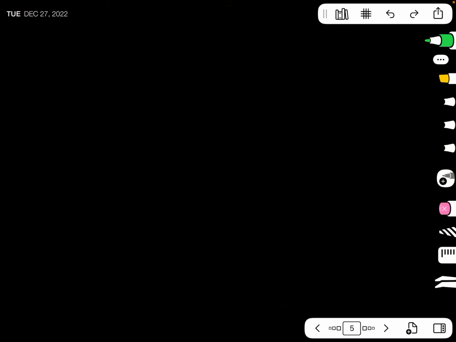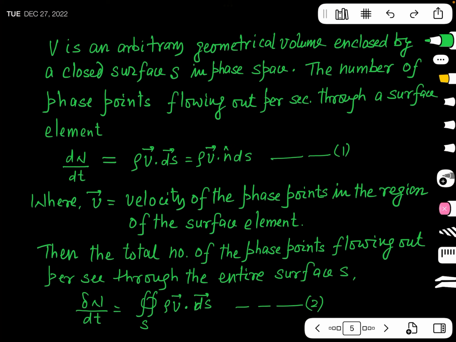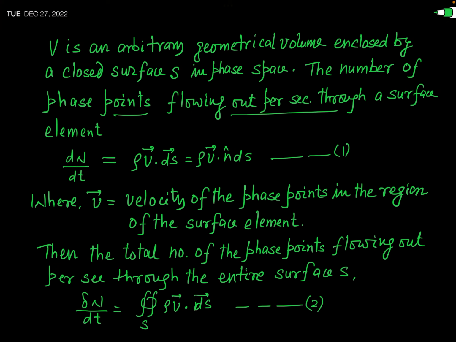So see, I have mentioned here that the number of phase points flowing out per second through a surface element of area ds, if you denote that number by the symbol dn by dt, then that will be equal to rho v dot ds, or in other words, rho v dot n hat ds, because this area vector ds is equal to n hat times ds.